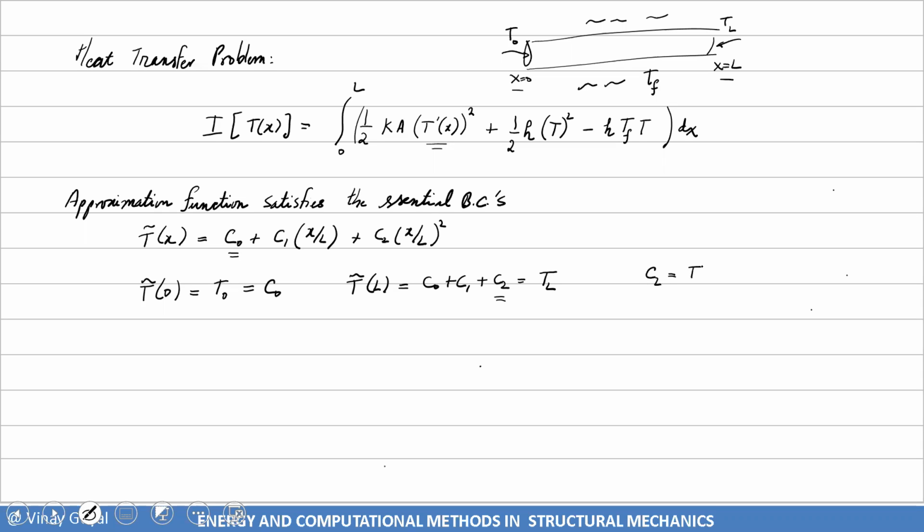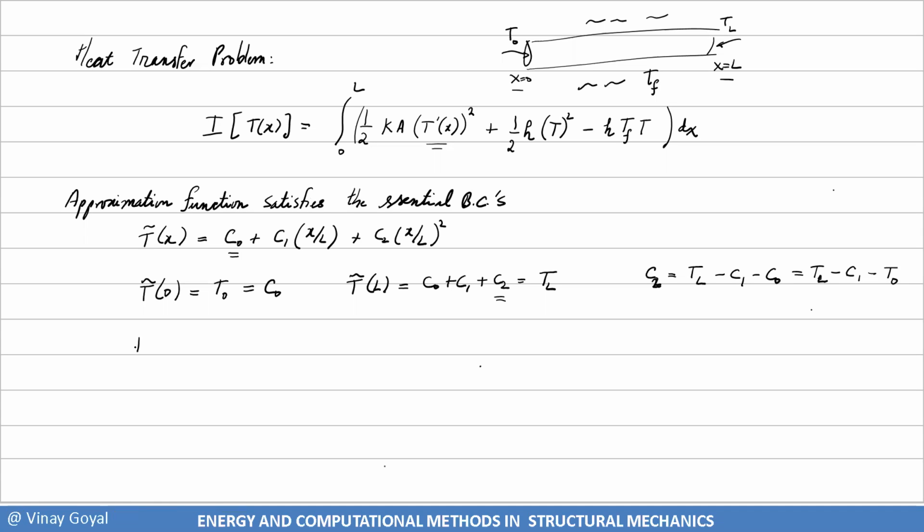So C2 is TL minus C1 minus C naught, which is T naught.